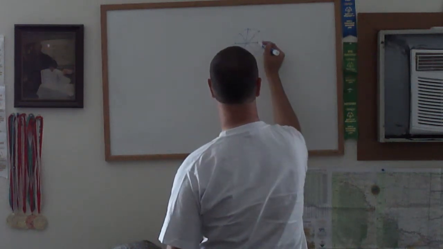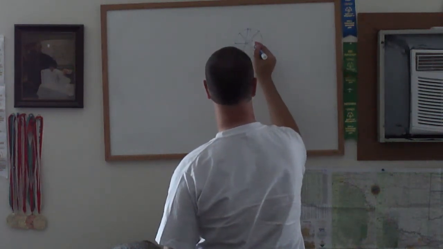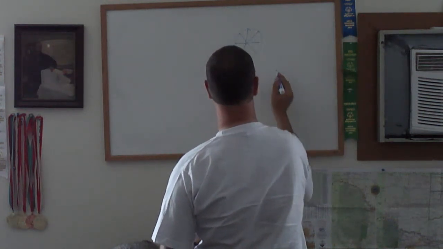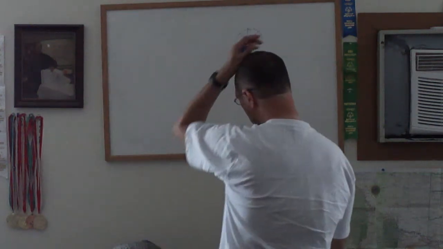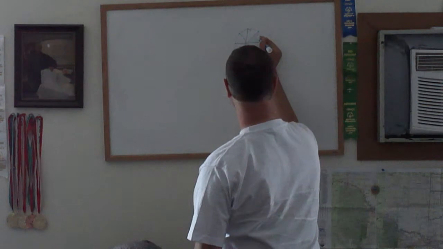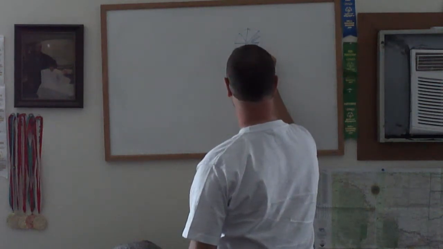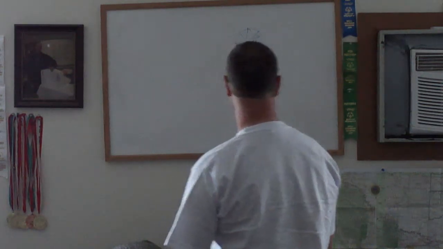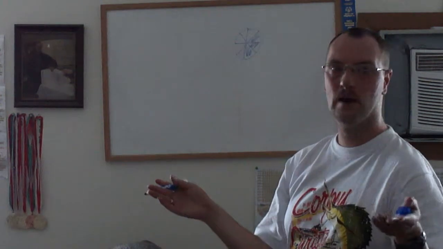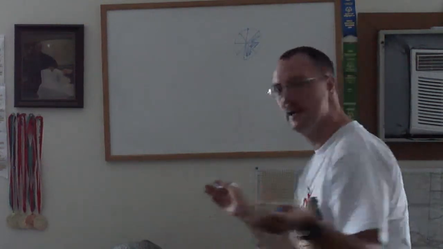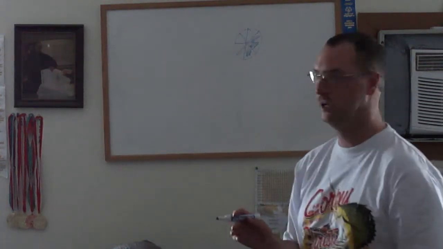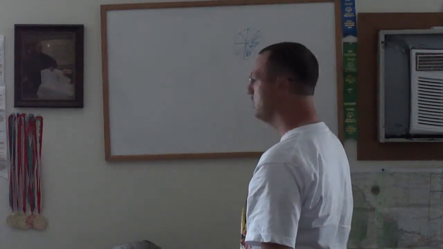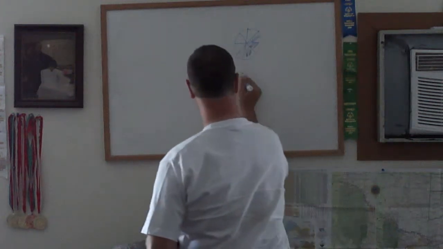Alright, there's 1, 2, 3, 4, 5, 6, 7, 8. Am I right? Yep, 8. And I was to say 3. There's 8 slices like a pizza pie. If you have a pizza and you ate 3, what is the fraction? It's 3/8.